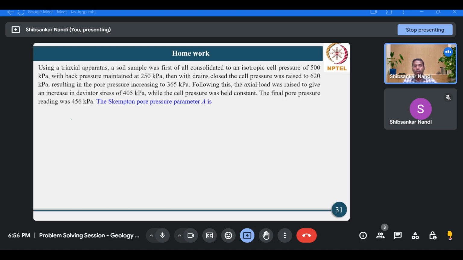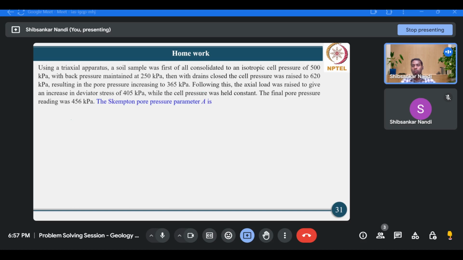Then with drains closed, the cell pressure was raised to 620 kPa, resulting in the pore pressure increasing to 365 kPa. Following this, the axial load was raised to give an increase in deviator stress of 405 kPa, while the cell pressure was held constant. The final pore pressure reading was 456 kPa.